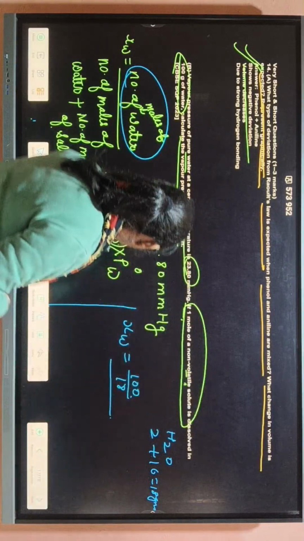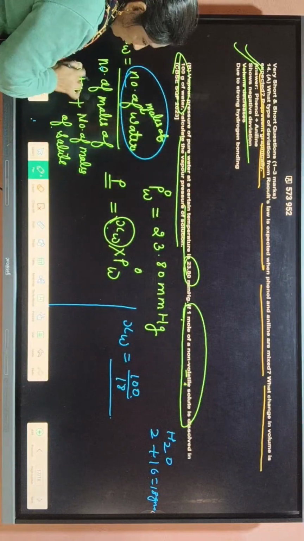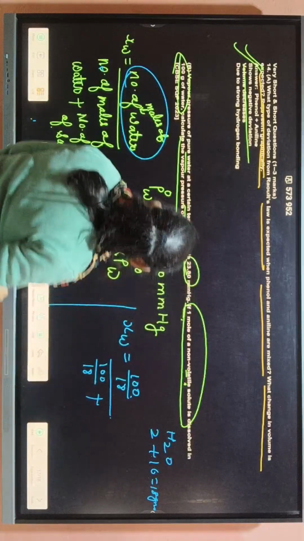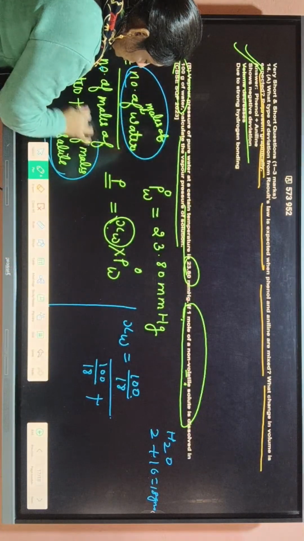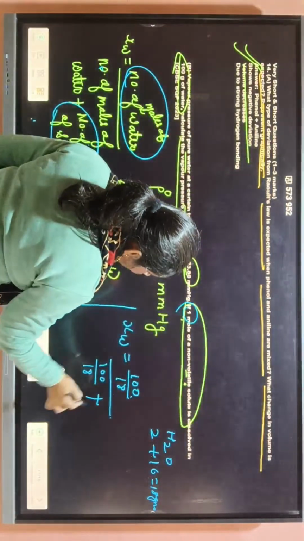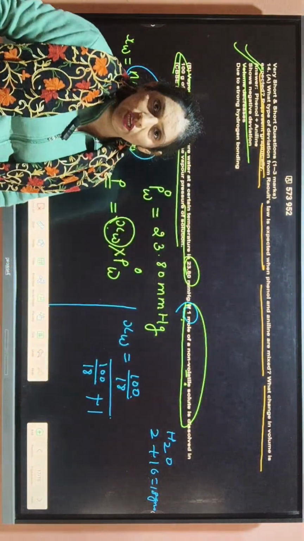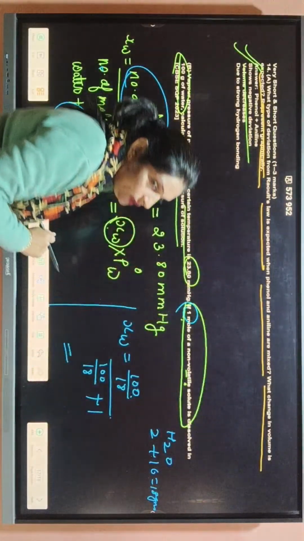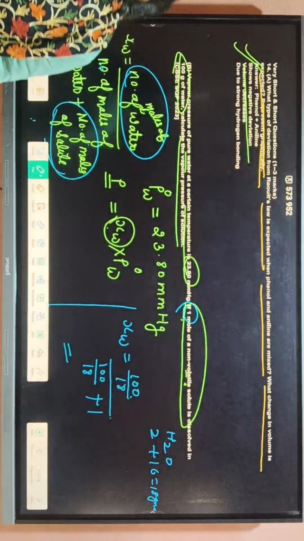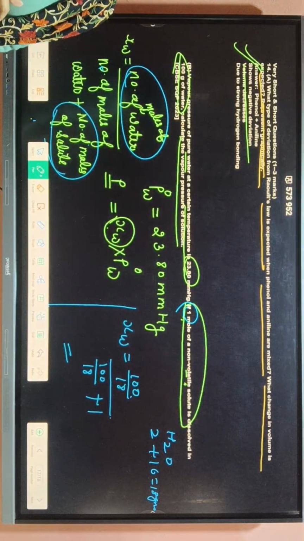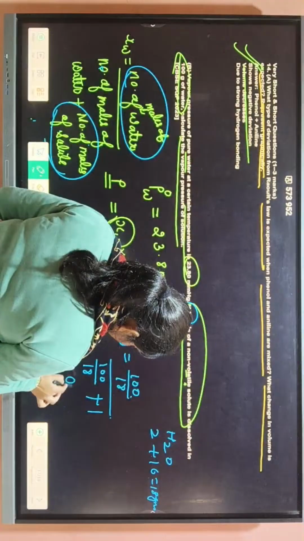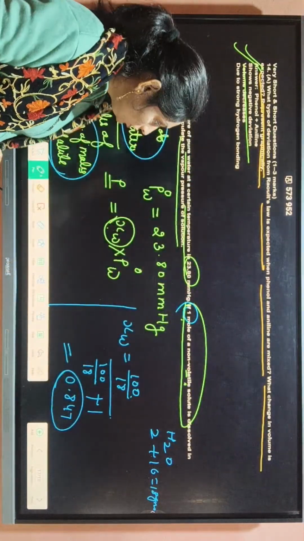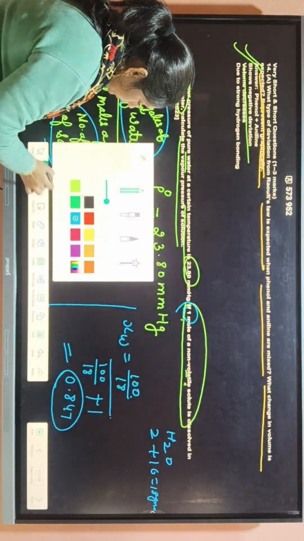So moles of water is given weight by molar weight, plus the number of moles of solute, which is given as 1 mole. After calculating this, you will get around 0.847.